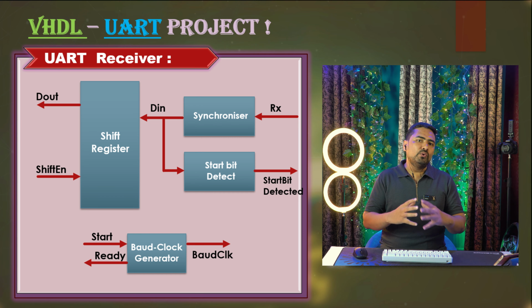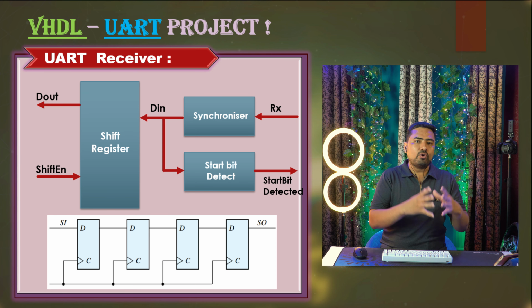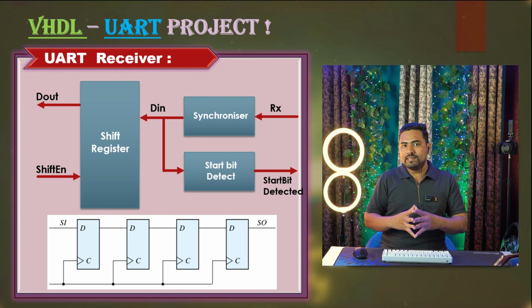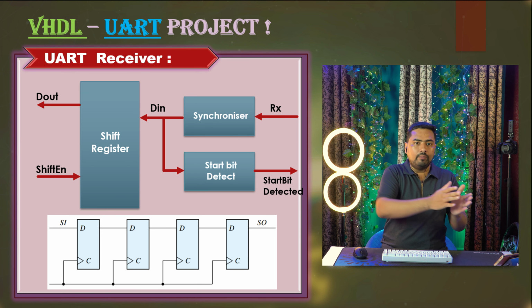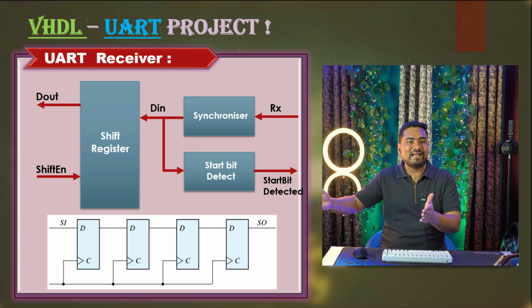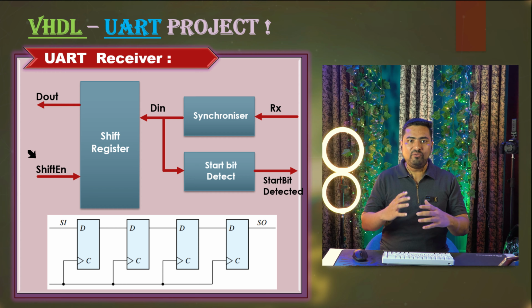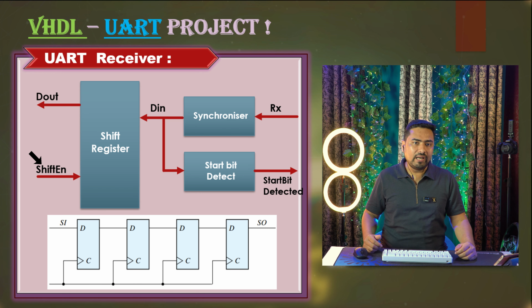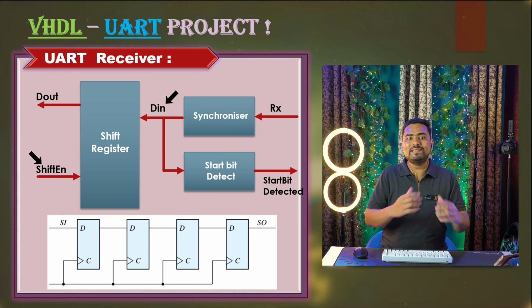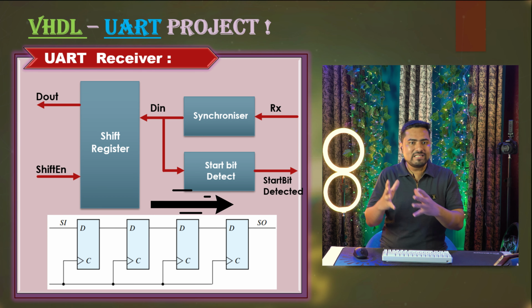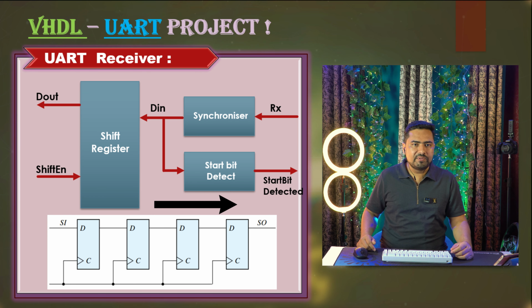So we will design a cascaded set of flip-flops, meaning the output of one flip-flop will be connected to the input of the next flip-flop. When we detect this shift enable pulse, we will capture this D in input and also shift our existing data through the flip-flops.